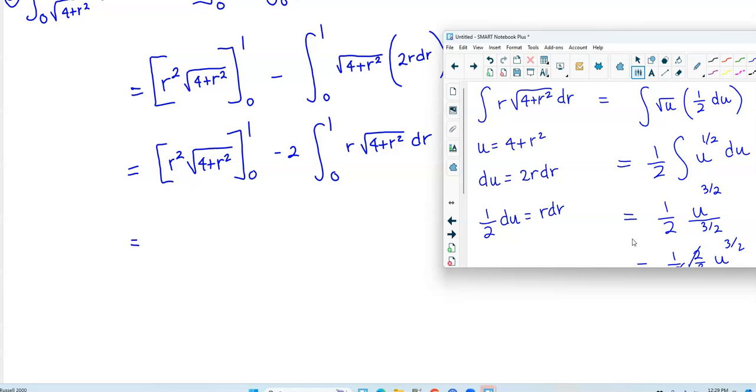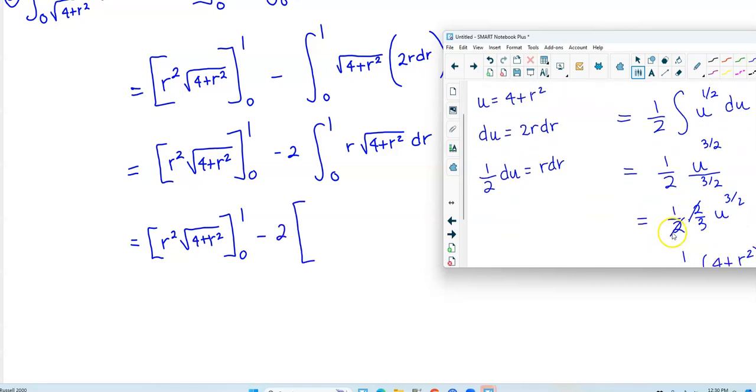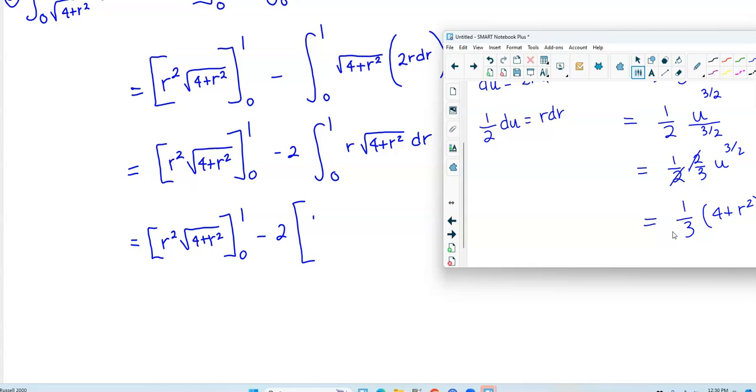So we have r squared times the square root of 4 plus r squared going from 0 to 1, minus 2 times 1/3 times 4 plus r squared to the 3/2 going from 0 to 1.